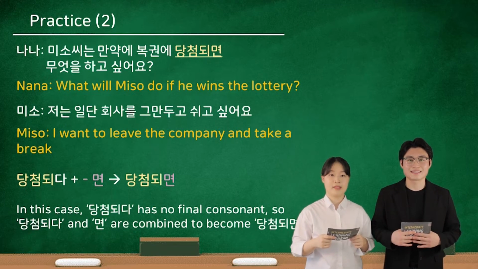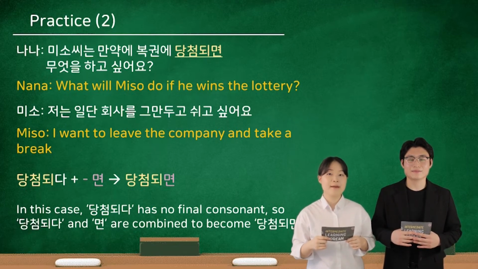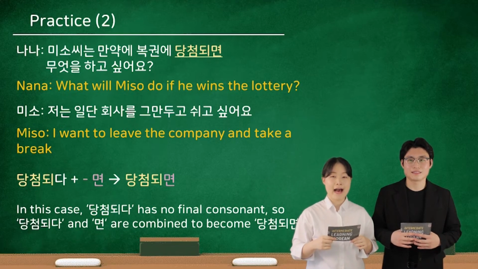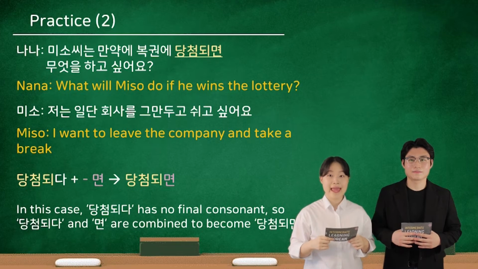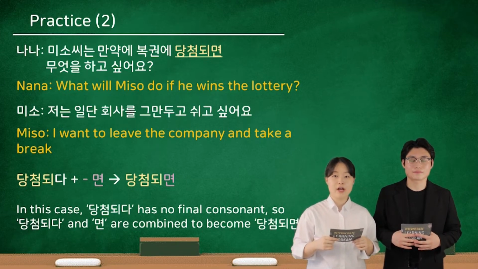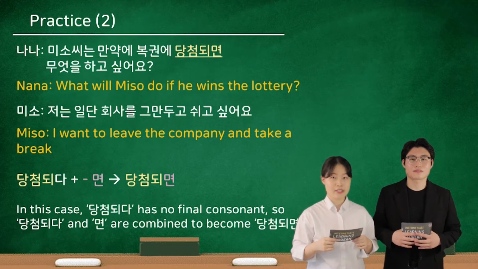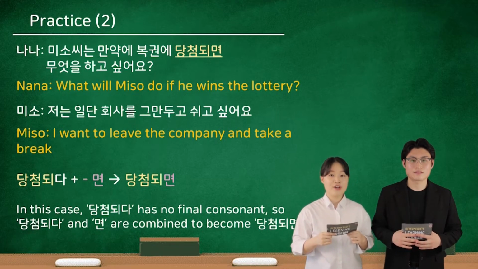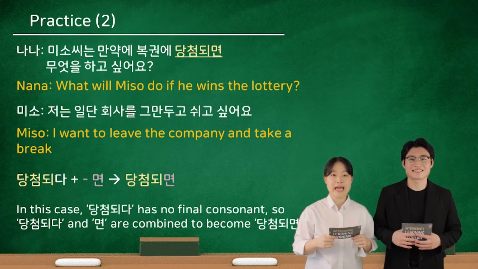This is the first problem. 잘 모르다. 선생님한테 물어보세요. What should we change 모르다 to? Yes, the correct answer is 모르면. The verb 모르다 doesn't have a final consonant, so 면 is used to make 모르면.